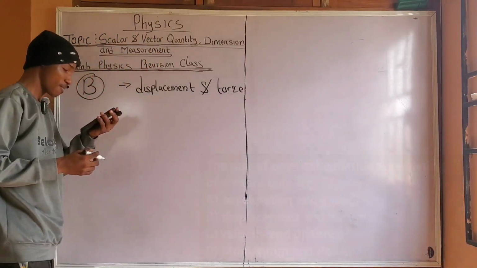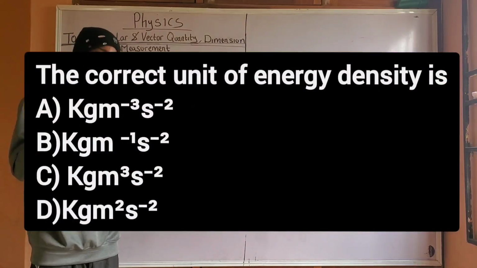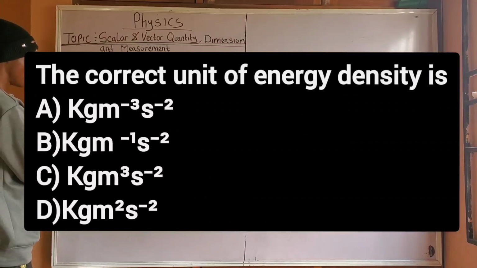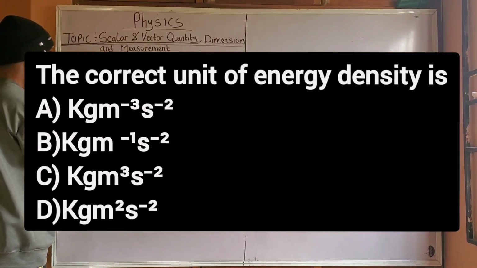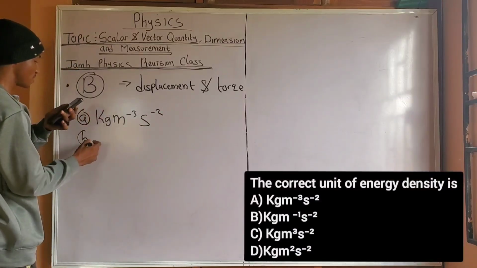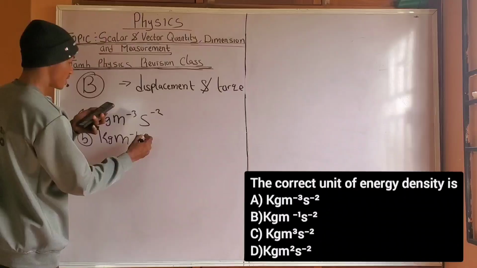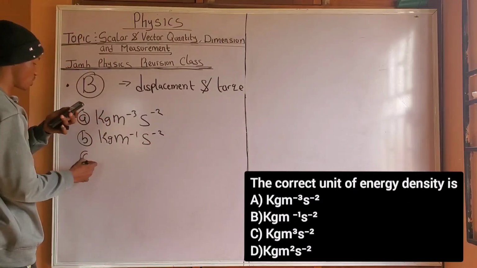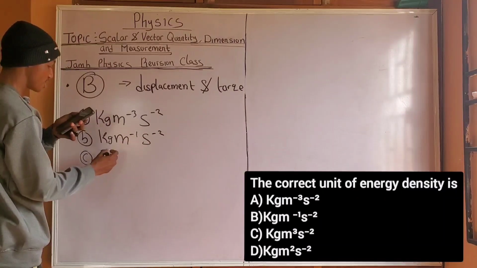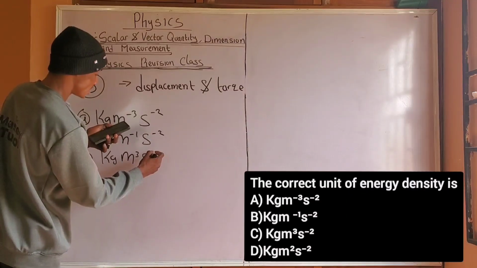The correct unit of energy density is: option A, kilogram m raised to the power of -3, s raised to the power of -2. The second option, kilogram m raised to the power of -1, s raised to the power of -2. The third option, kilogram m raised to the power of 3, s raised to the power of -2.